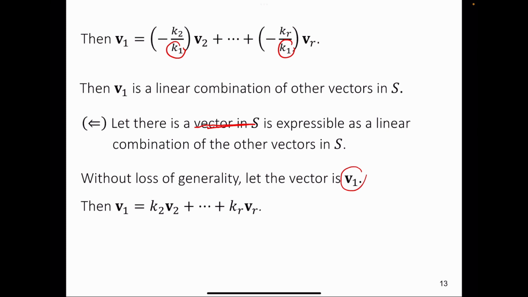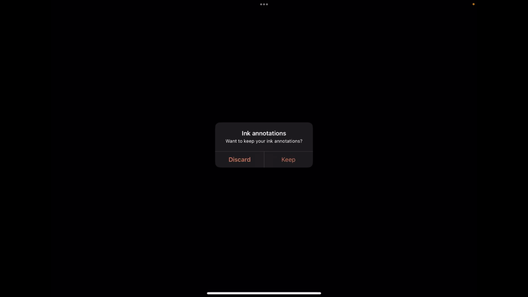Therefore, we may write v1 as follows, which is a linear combination of the other vectors in S, where the values of the scalars k2 up to kr are not entirely zeros. Then we are able to write this equation with the zero vector at the right hand side, and we find that the solution of this equation is not necessarily the trivial solution.